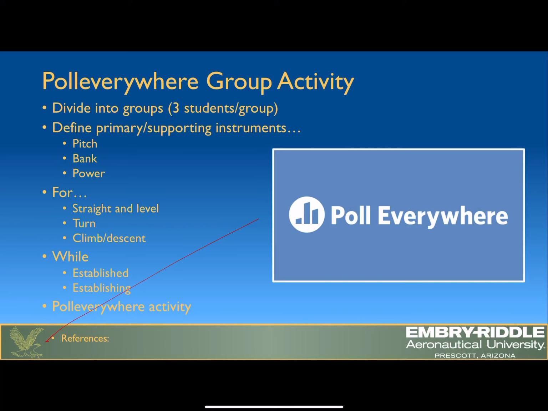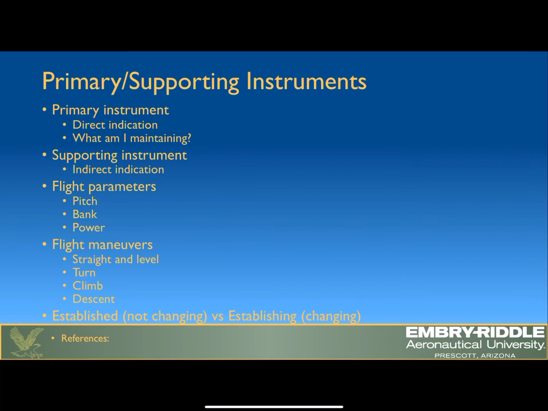This is an activity we would have done had we been in class together, but we're not. So the primary and supporting instruments. We're going to look at some different maneuvers: straight and level, turns, and climbs and descents. We'll be talking about these in terms of the instruments, your control methods.